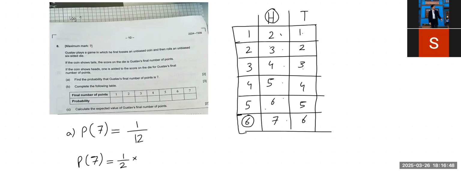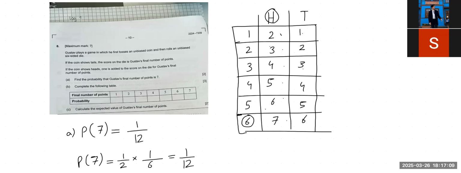One. And how many total things can happen when you roll a die? Six. Exactly. So you multiply the probability of getting a heads with the probability of getting a 6, which together provide you with an outcome of 7, right? And this also gives you 1 out of 12 because that's how probability works.